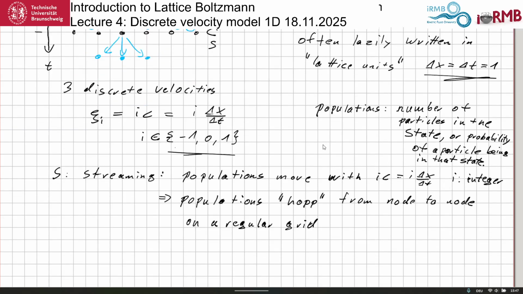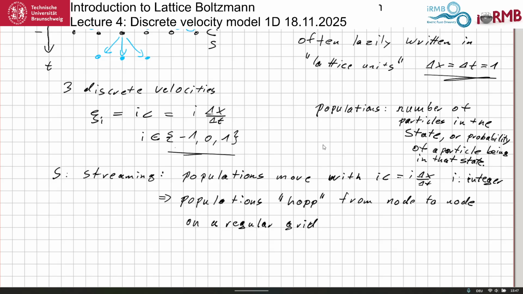So they have a velocity such that they end up on a node in the next time step. This is different from most other discretizations where you would have to interpolate something, yeah? So here there's no interpolation.